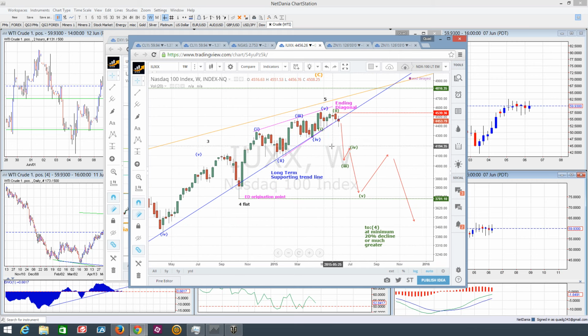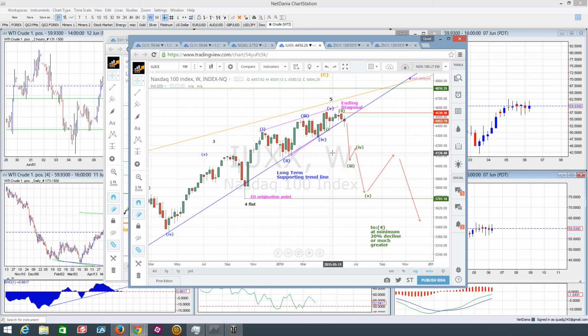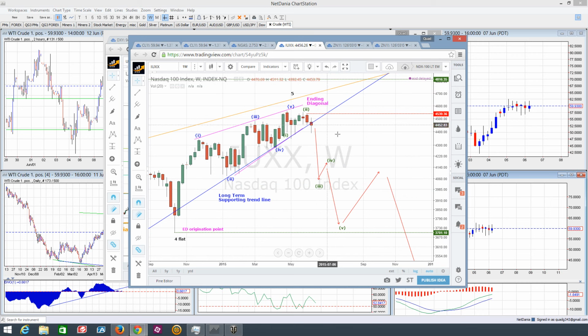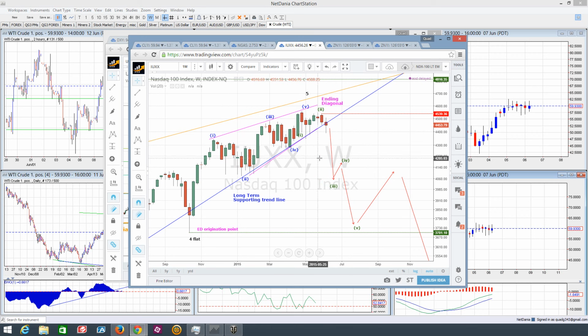So this is looking ripe for a sell-off, I tell you what. But I'd like to see the price stay above this critical resistance right there at 45.40-ish in the meanwhile. And the typical response out of an ending diagonal is an impulsive drive to the downside that comes all the way back to the ending diagonal origination point, in this case 3701.